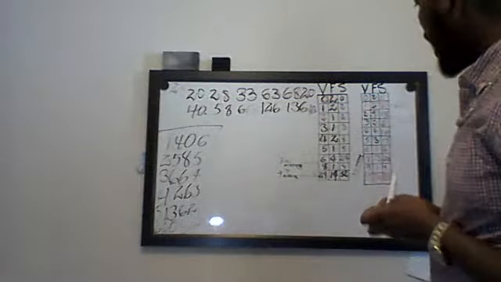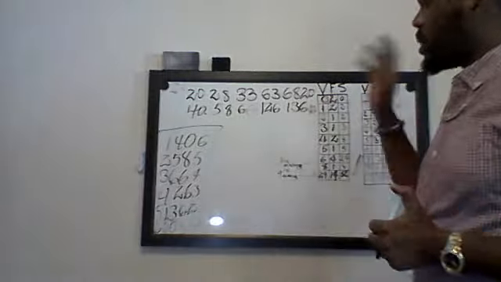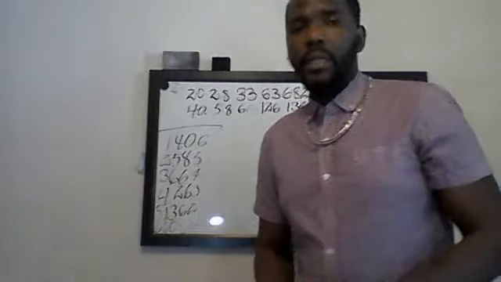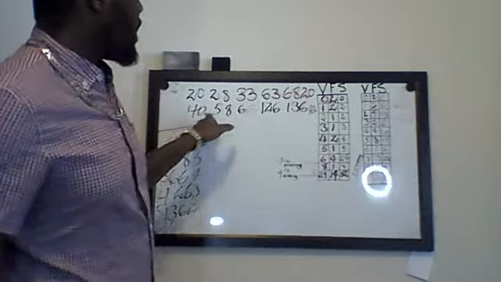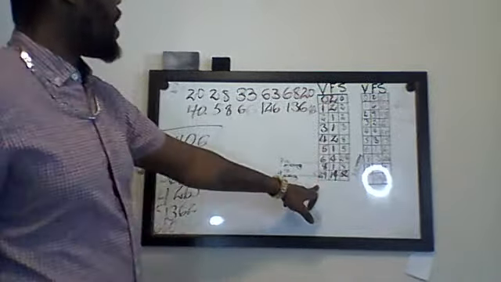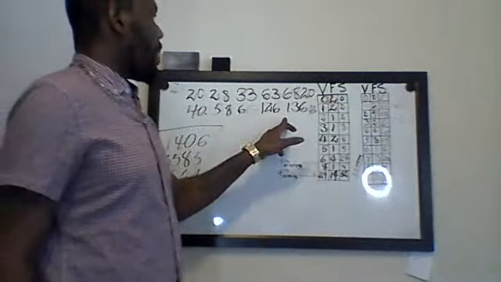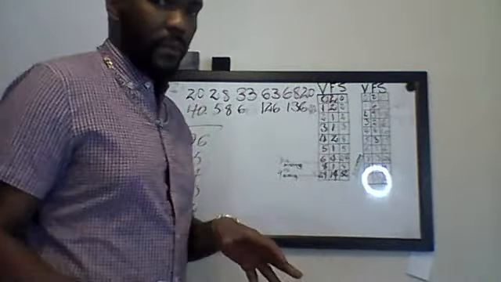So now, on this line, we got two numbers that are missing. When we put everything here inside the value line, we have certain numbers that we don't have.